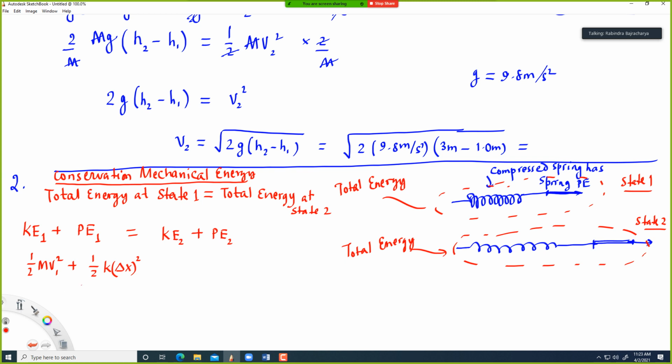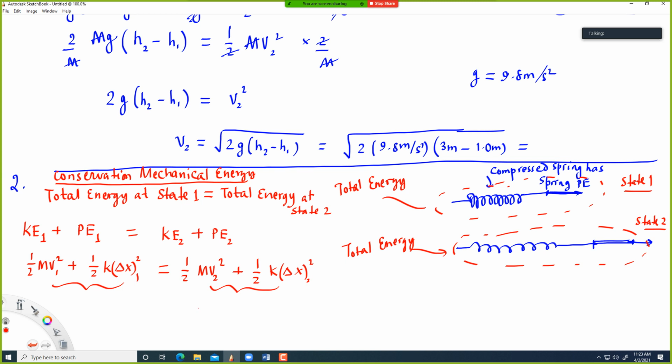For state 2, kinetic energy 1/2 m v2 squared plus potential energy 1/2 k delta x2 squared. That's the total energy for state 1 and 2.